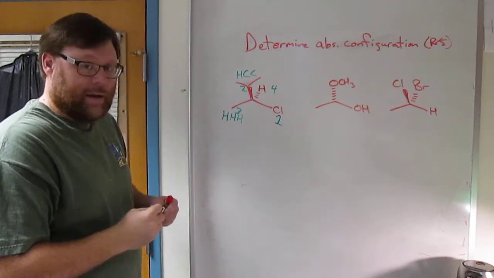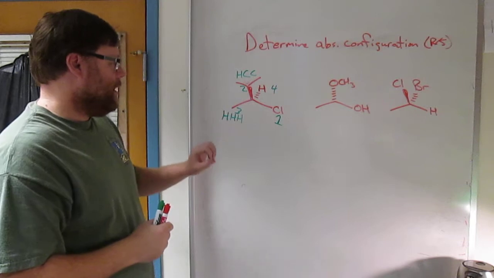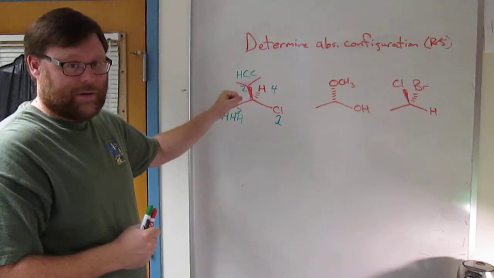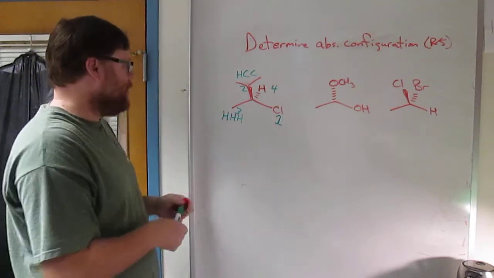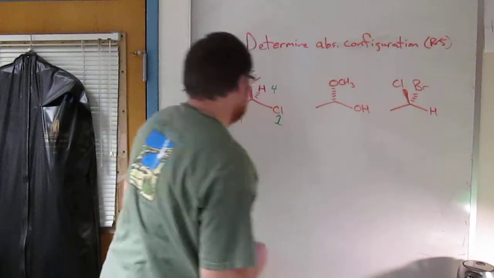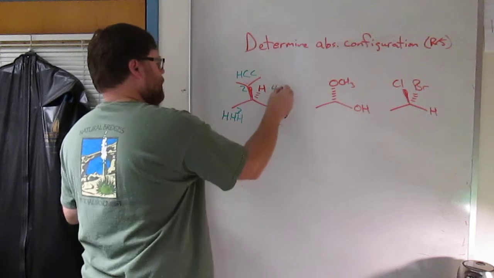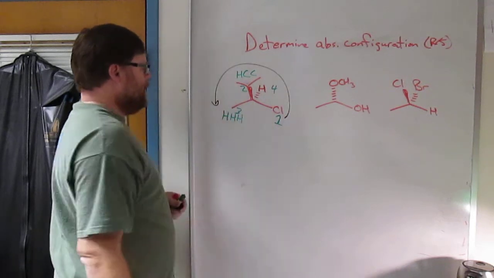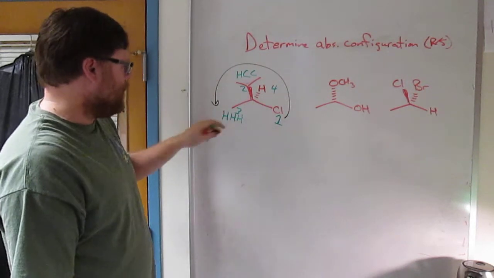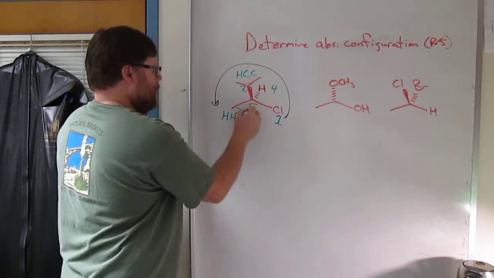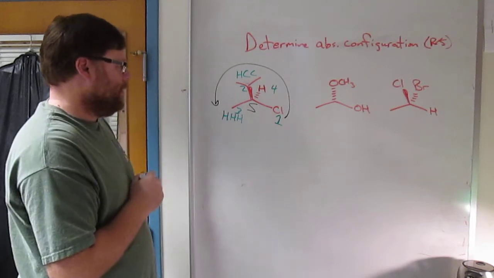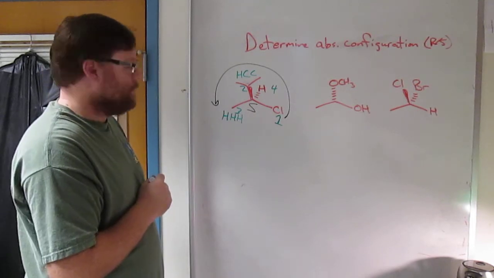All right, so once again, this chiral center is set up to be the easiest one to determine because the H, the low priority group, is already away from you. So all you need to do is draw your circle from 1 to 2 to 3. That circle is going counterclockwise. A low priority group is away from you. Therefore, that chiral center is S. Okay?